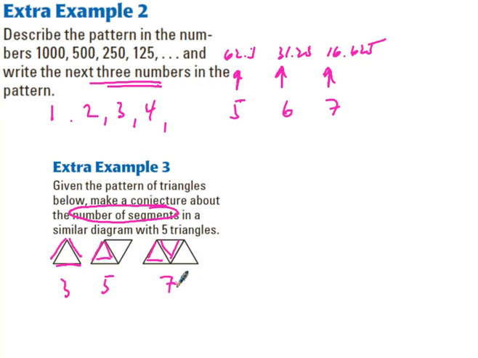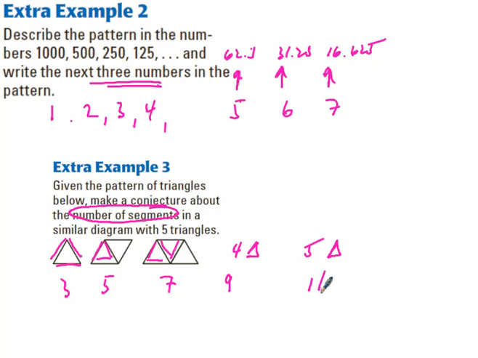So it looks like in the fourth, when we have 4 triangles, they're going to add 2 more, aren't they? And that'll give us 9. And then with 5 triangles, they're going to add 2 more again, which will give us 11. So they're repeatedly adding 2 more triangles.